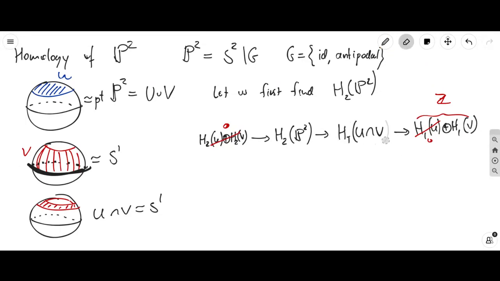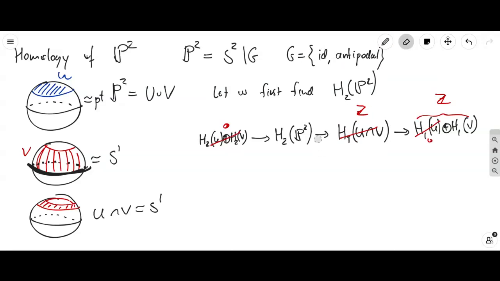And here, H1 of U intersect V, you're getting the circle, so that will be the homology of the circle. So this is just Z again.